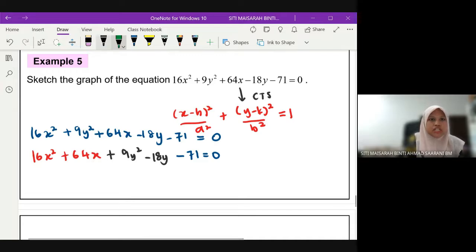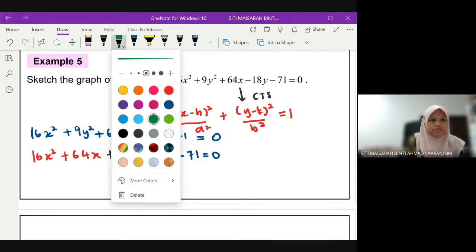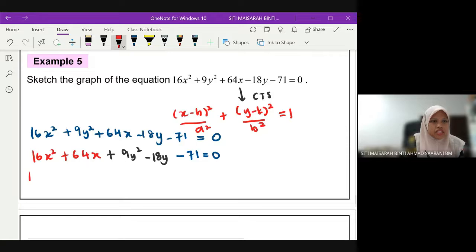So jadi dia akan jadi 16, ini awak boleh buat bracket besar. Bracket besar ni x square plus, kalau 64 awak keluar 16, we get 4x. Okay, ini untuk x. Lepas tu untuk y kita factor 9.